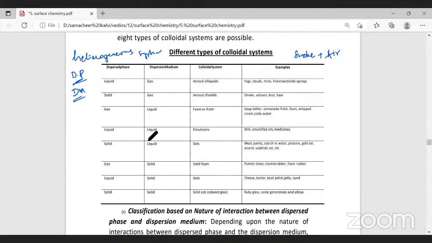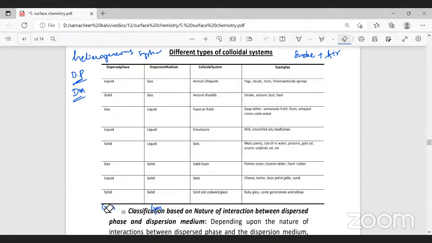Depending on the dispersed phase and dispersed medium, we have 8 types of colloidal system. Now, before we talk about the 8 types, consider gas as a dispersed phase and gas as a dispersed medium. It is not a colloid. Gas and gas cannot form a colloid.